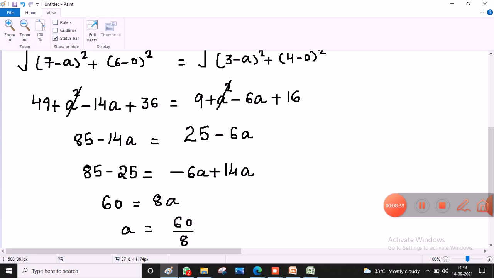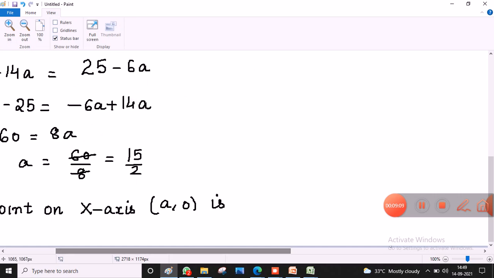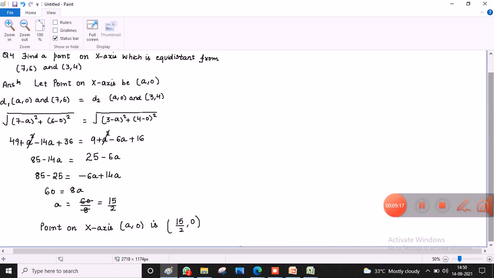If we solve it further, divide by 4, we get 15 upon 2. Do not leave your answer here, as the final answer is a point on the x-axis. The point on the x-axis will become, as it was a comma 0, so we'll write 15 by 2 comma 0. So this is question number 4 from exercise 10.1.